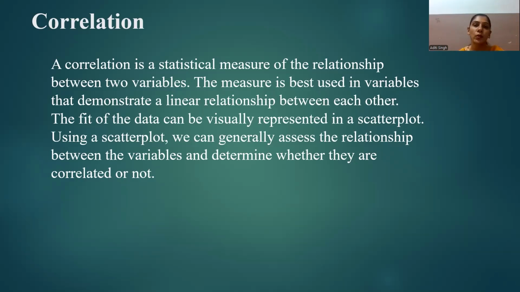We can check correlation with a diagrammatical representation and also with a numerical representation, so we can check correlation by both methods. In later lectures, we will discuss both methods of correlation: the graphical method, with the scatter plot diagram, and the numerical methods for measuring correlation among the variables.